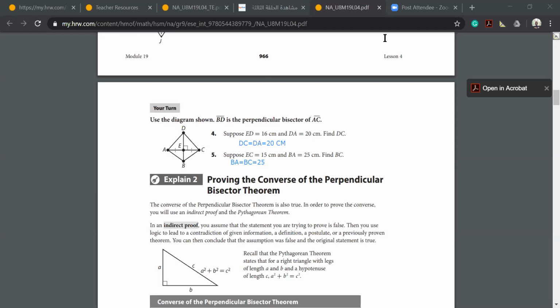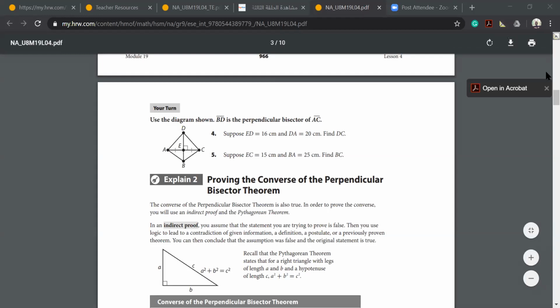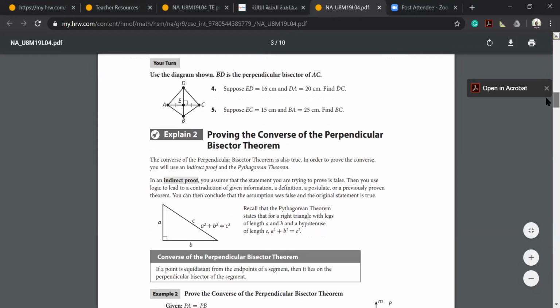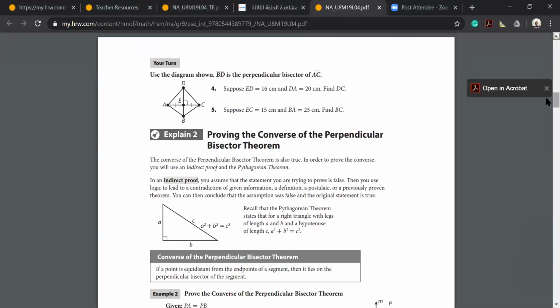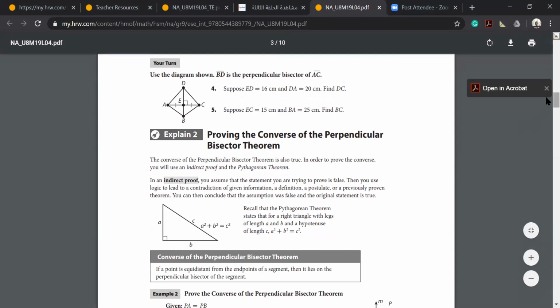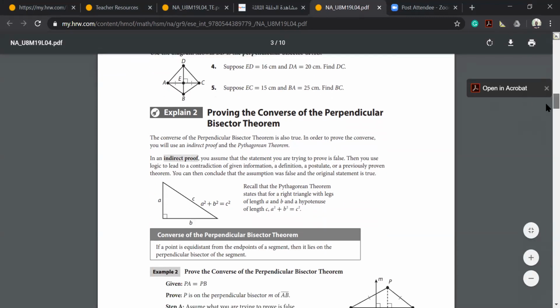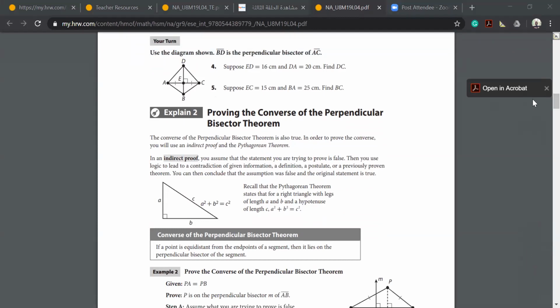I will clear. And then let's take our second explain. Explain 2. As I told you, explain 1 was proving the theorem. What was the theorem again? The theorem again was talking about, if I want to just write, because it's very important, as we said, for you to understand a theorem and its inverse.